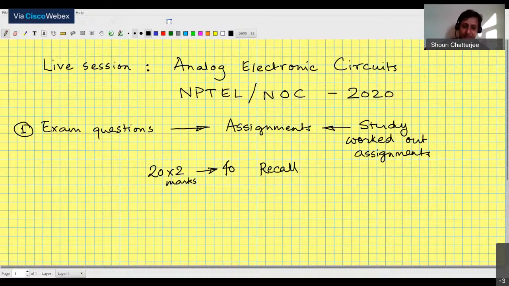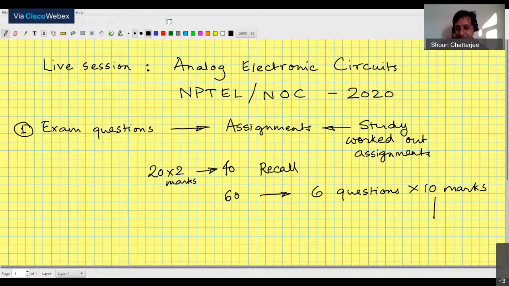And the remaining 60% of the exam will be 6 questions. So the remaining 60 marks has 6 questions, each 10 marks. And each of these 10 mark questions actually has 5 parts.